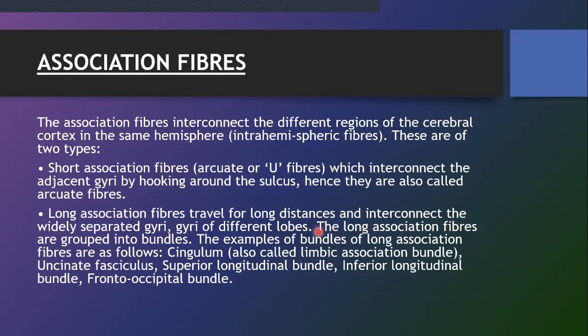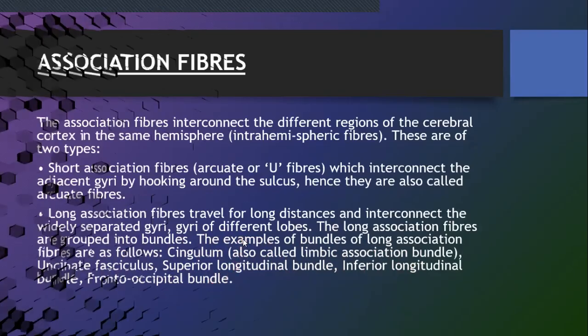The long association fibers are usually grouped into bundles, and examples include cingulum. Cingulum is also the limbic association bundle. We also have the uncinate fasciculus, the superior longitudinal bundle, the inferior longitudinal bundle, and the frontal occipital bundle.